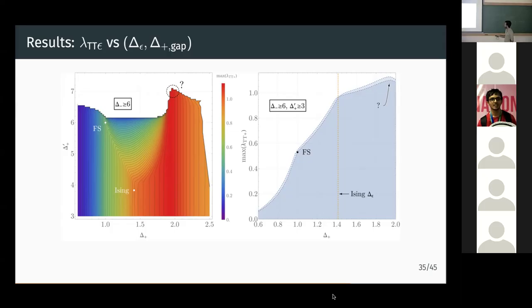It's a little bit hard to see on this plot, but now this is what happens as you change the next to leading even scalar's dimension. So now the z-axis, coming out of the page, the color is the OPE coefficient. And you can see that there's a sharp kink here corresponding to where Ising is. There's a sharp feature here corresponding to the free scalar. And then a swooping line up to here leading to this question mark theory that we don't know.